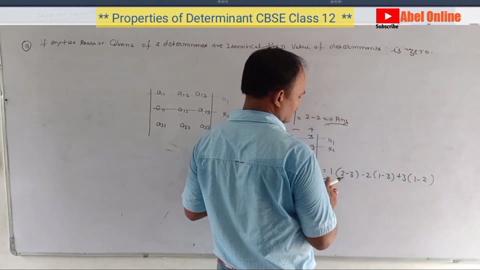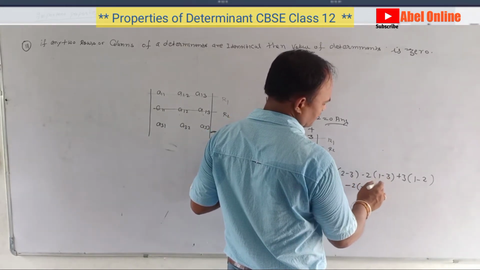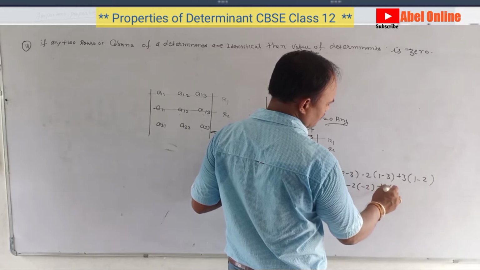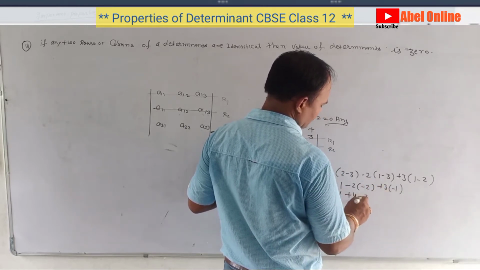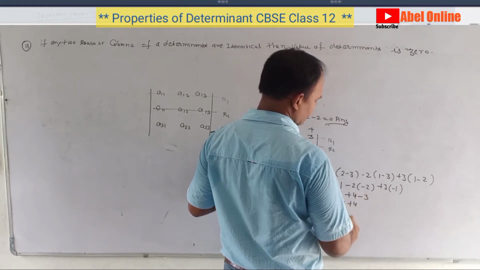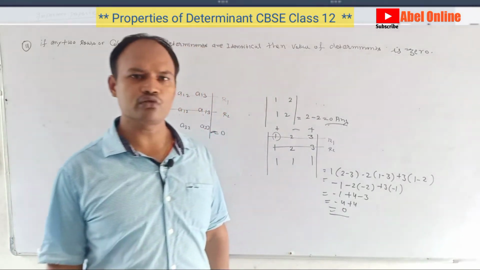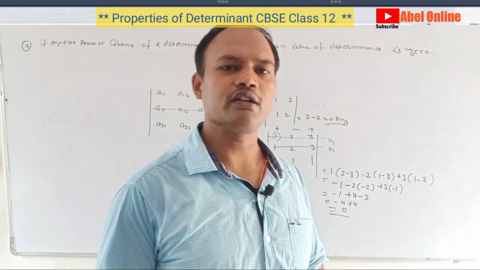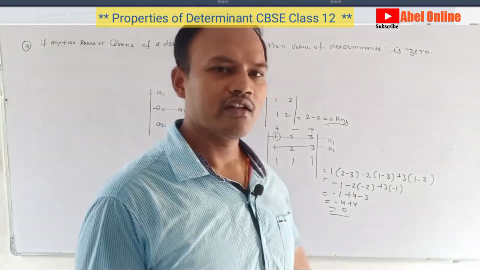So students, you can see it is minus 1, minus 2 from 1 minus 3, then minus 2 plus 3 into minus 1. So it is minus 1 plus 4 minus 3, which is minus 4 plus 4. So you can see that the answer is 0. So this example shows that if any two rows or two columns of a determinant are identical, then the value of the determinant is 0. By this example we can say that it is proved.